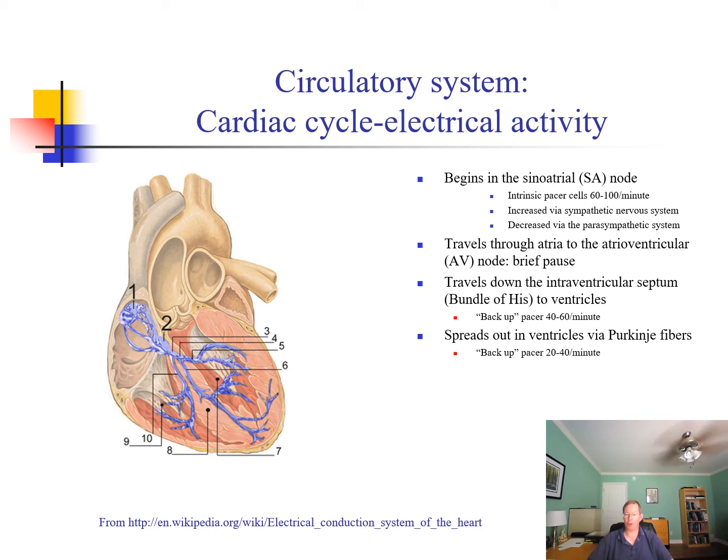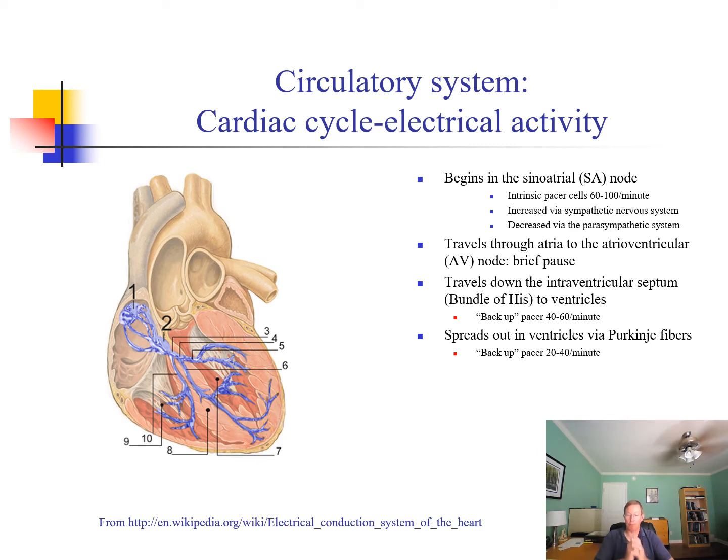Now, once those pacemaker cells fire, they will cause depolarization of the muscle in the atria, both on the right side, and there's a little offshoot that goes to the left side. And they'll go all the way through the atria, causing depolarization and contraction until they get to this portion which is called the AV node.